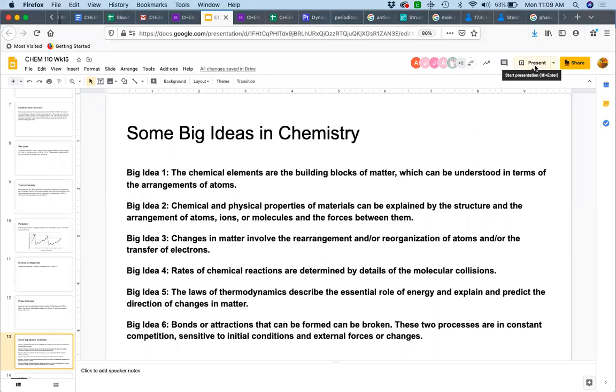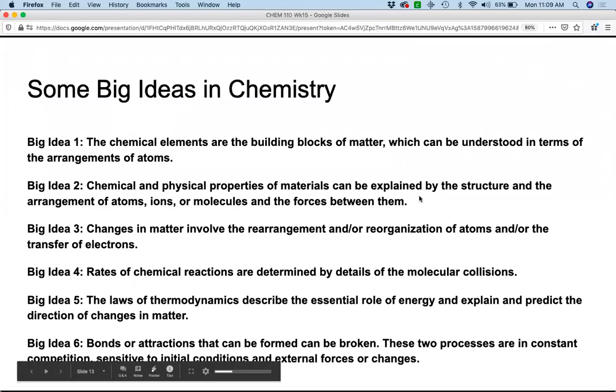Well, I thought this would be a really great way to represent the information. These are the big ideas that exist in chemistry. So the idea that chemical elements are the building blocks of matter, and that you can understand those in terms of the way that atoms are arranged. The second big idea is that the chemical and physical properties of materials can actually be explained by their structure, by the arrangement of atoms, ions, or molecules, and then the forces that exist between them.